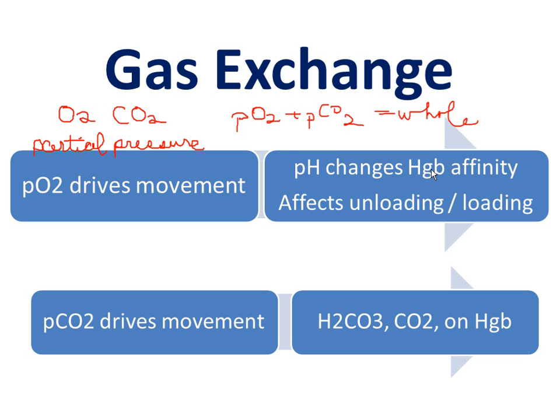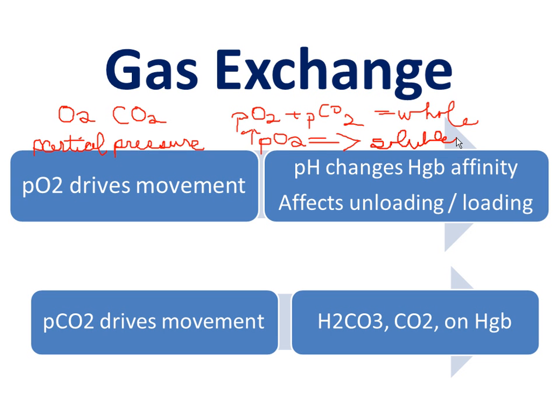But what that means for us is that whenever you see a percent for a gas, we refer to it as its partial pressure. So if oxygen is 20% in the atmosphere, we would give oxygen a partial pressure of 20. The other thing we know is that these gases have different solubilities. And one of the things that affects that is partial pressure. The higher the partial pressure of the gas, the more soluble it becomes.